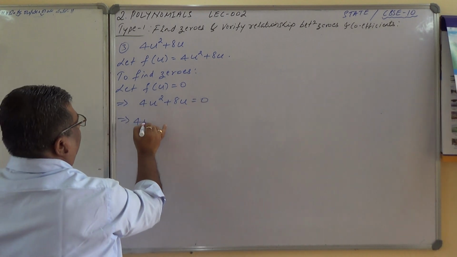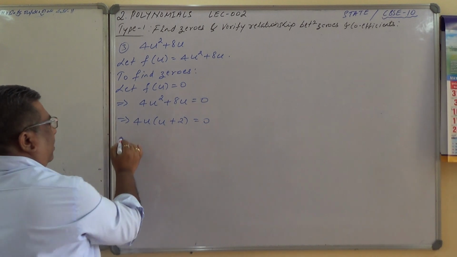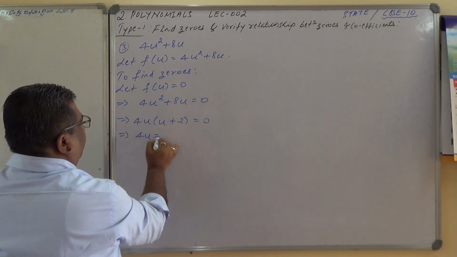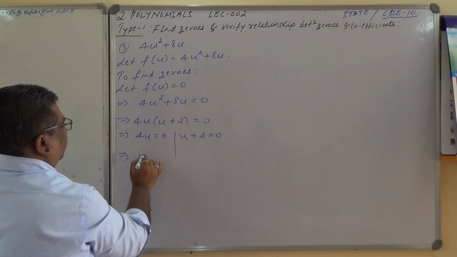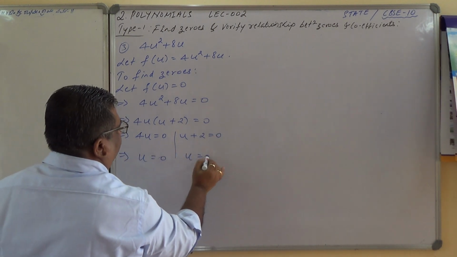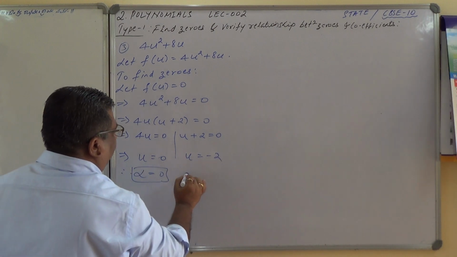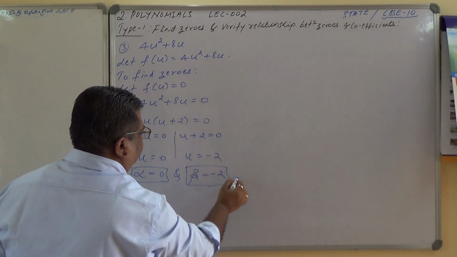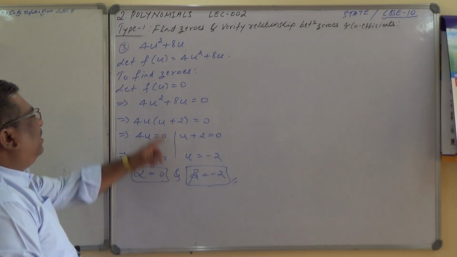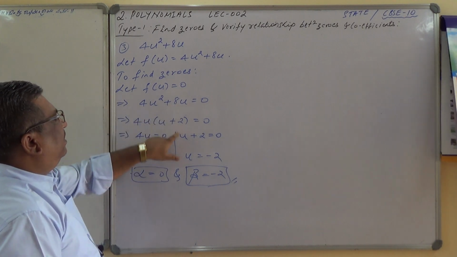Take 4u common, u plus 2, which is equal to 0, implies 4u equals 0 or u plus 2 equals 0, implies u equals 0 and u equals minus 2. Therefore alpha is equal to 0 and beta equals minus 2 here.